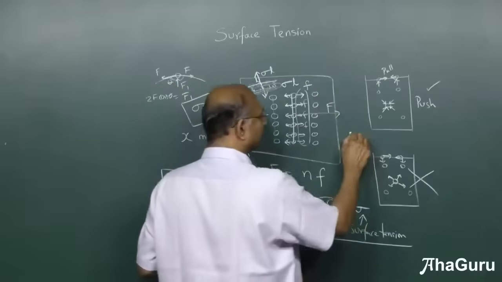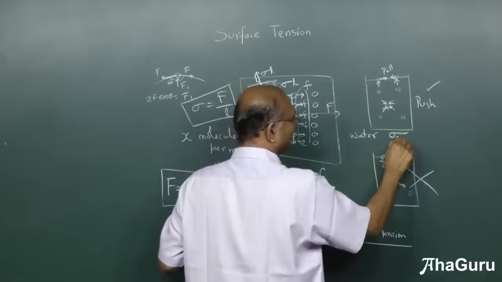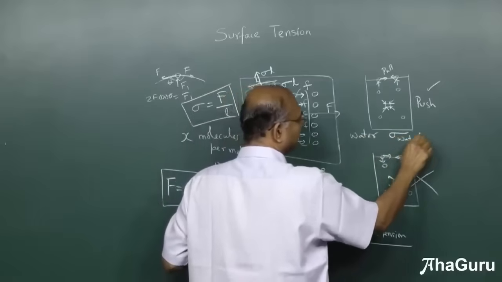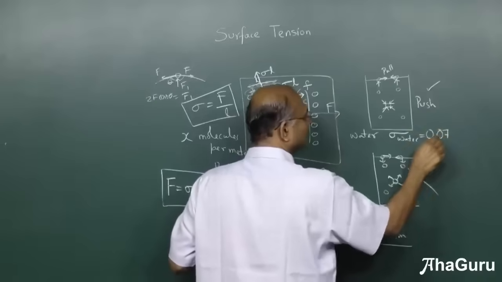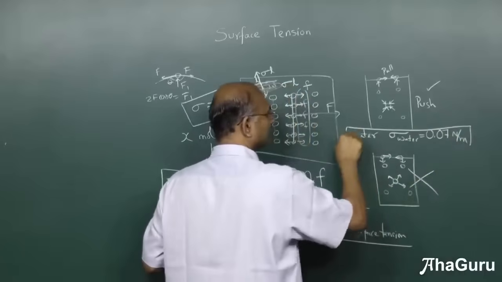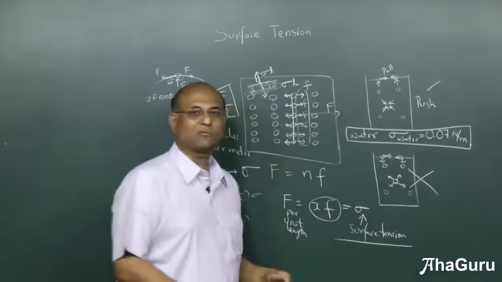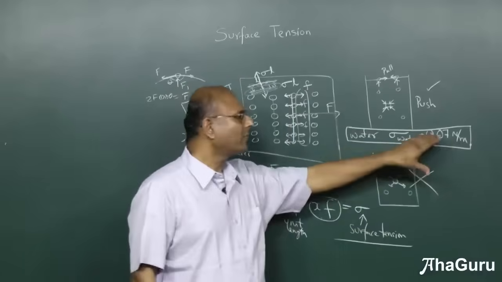If you take water, sigma of water has been measured, and it is 0.07 newtons per meter. So the surface tension of water is 0.07 newtons per meter.